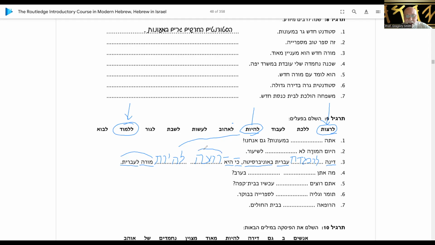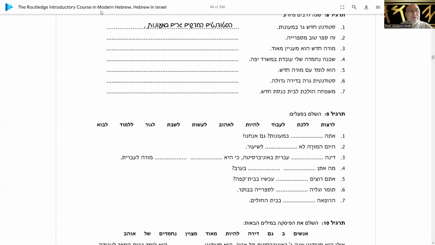Ki rotsa, she wants lahiyot, to be mora le'ivrit. Le'ivrit would be a teacher of Hebrew, a teacher for Hebrew. Okay, so we should have lomedet, rotsa lahiyot. Let's see what their answer key says. Yeah, okay, good.